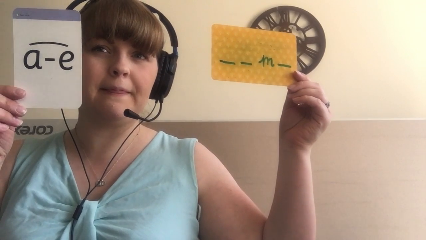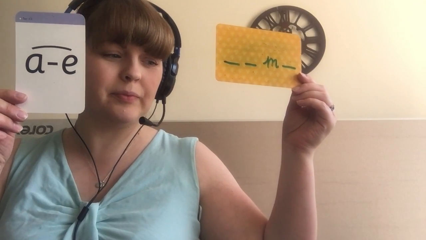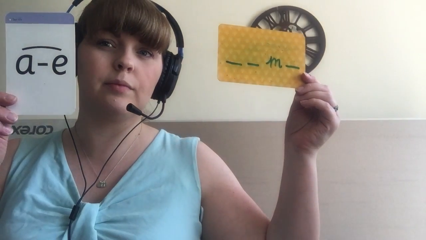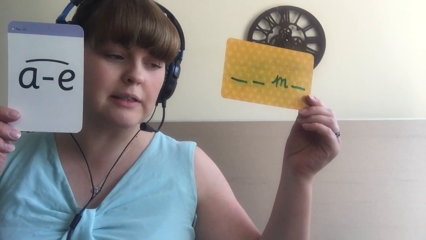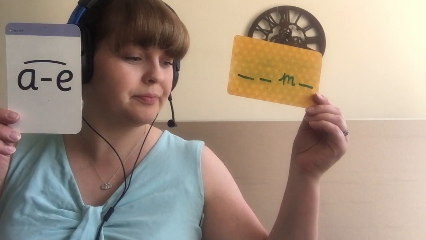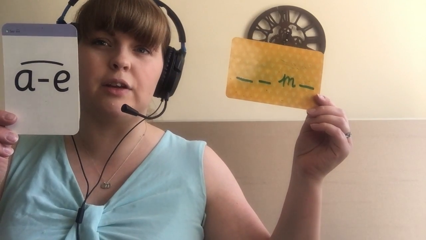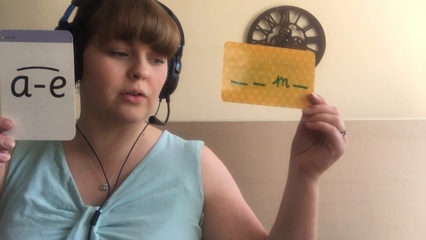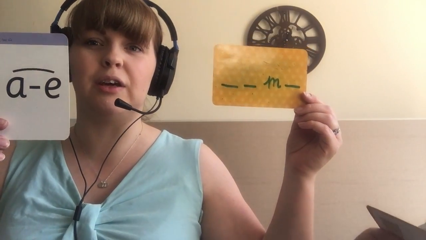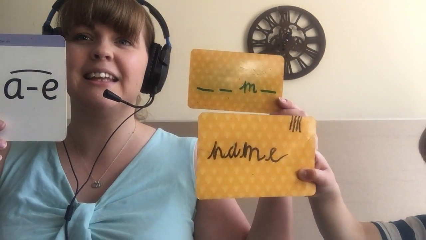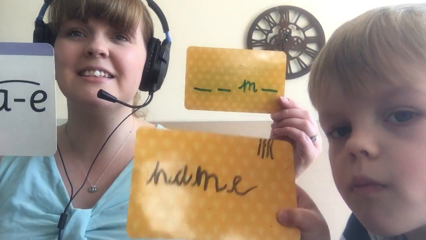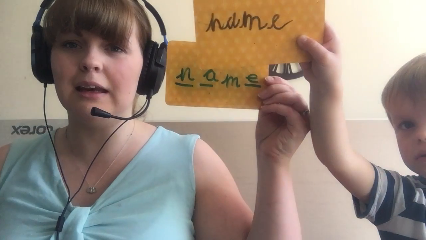Name, as in, my name is Harriet. Let's have a look in 5, 4, 3, 2, 1. What are we saying? Name. Well done, guys. Absolutely right. So you've got N, there's your A, there's your sound just there. Name. Well done. Brilliant stuff.